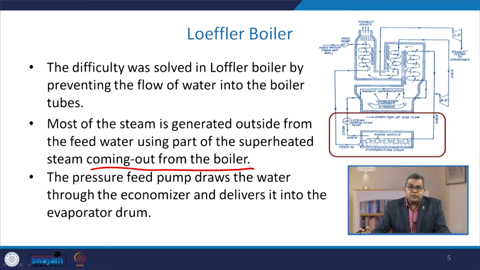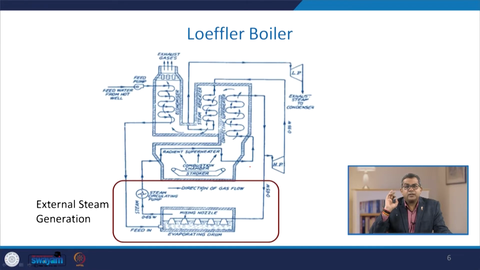When you carry out this operation, you may require a pressure feed pump. The pressure feed pump draws the water through the economizer and delivers it into the evaporator drum. In this way you are also maintaining the energy efficiency of the boiler.